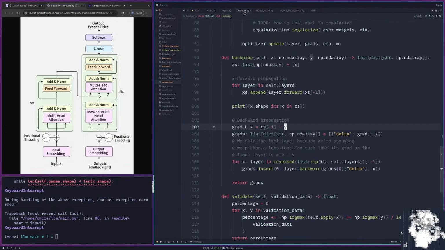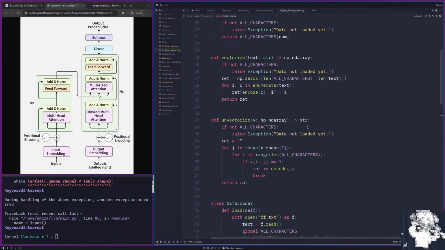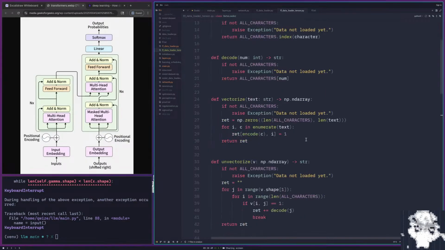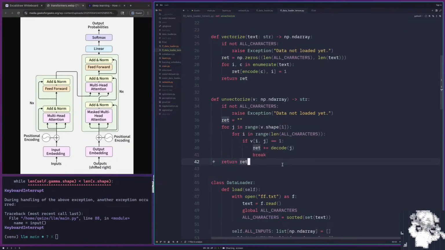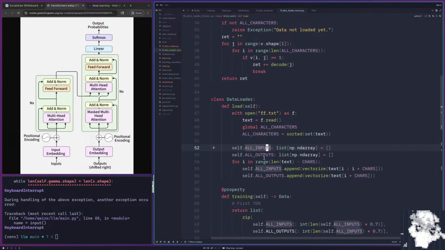Let's get started. So the first thing is, we need to change the shape of our training examples. We're not predicting a single character. We're predicting a list of characters. So inputs and outputs should both be the same number of tokens.